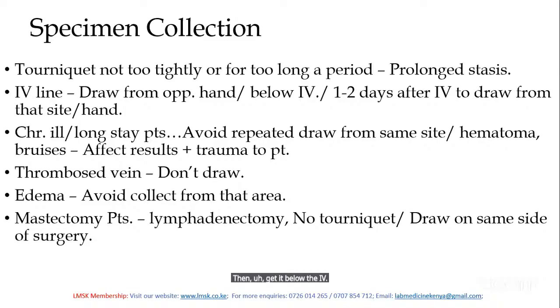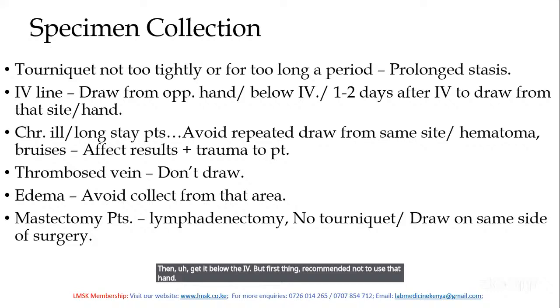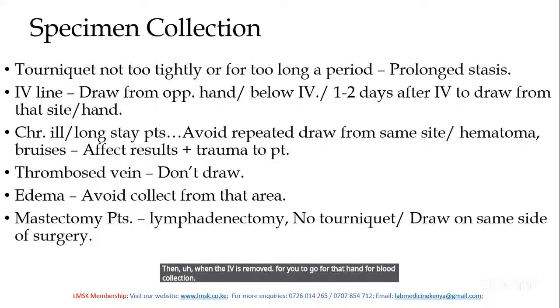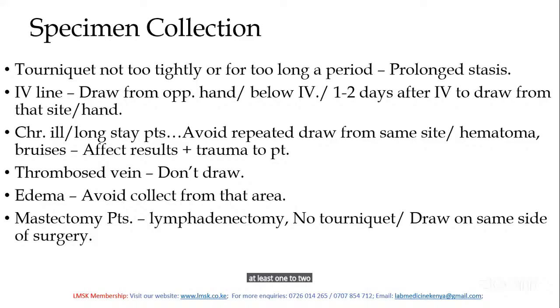But the first recommendation is not to use that hand. Then when the IV is removed, you go for that hand for blood collection at least 1 to 2 days after removal of the IV. That drug will interfere with your tests.